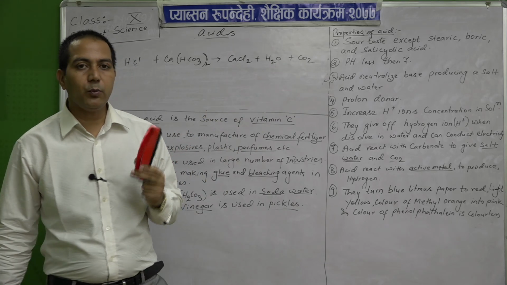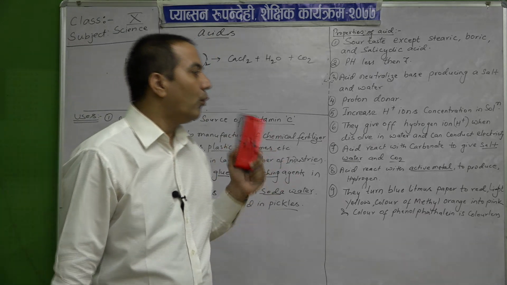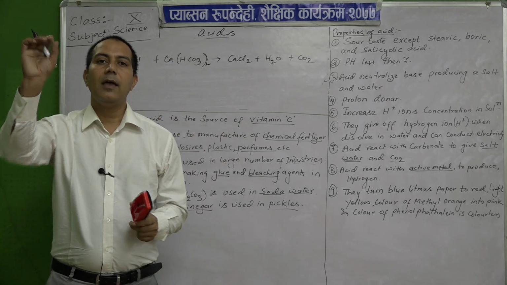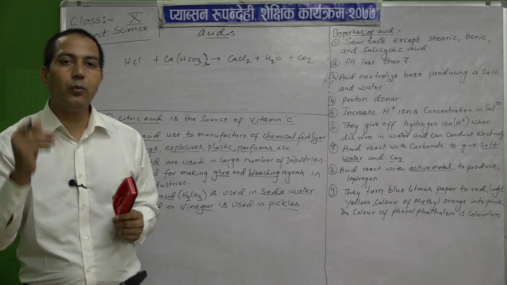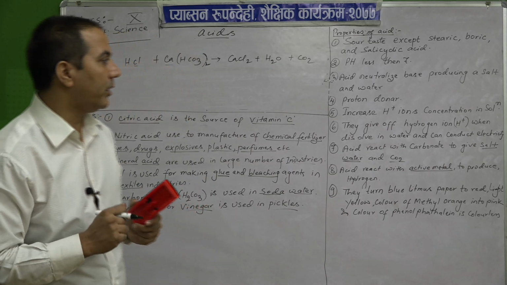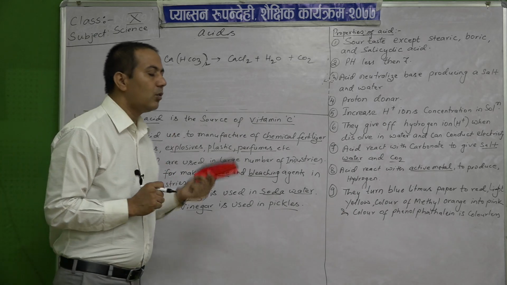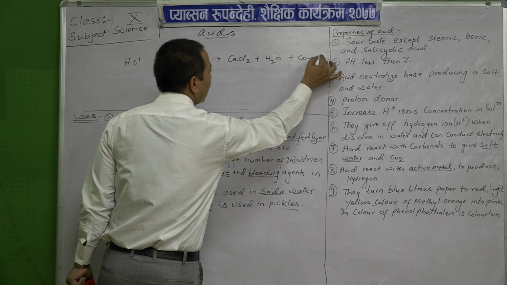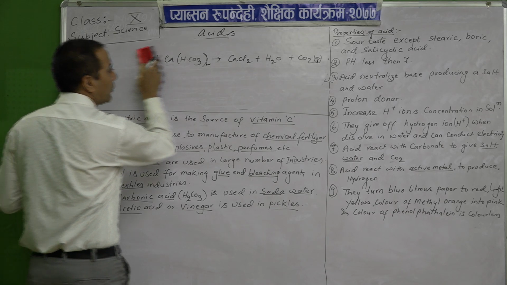So, the property which I said is that when acid reacts with carbonate or bicarbonate, it produces salt, water and carbon dioxide gas. Okay. So, I think you understand this property.